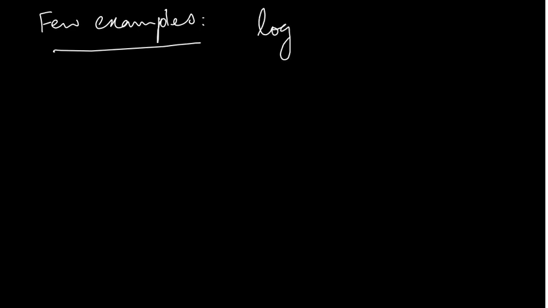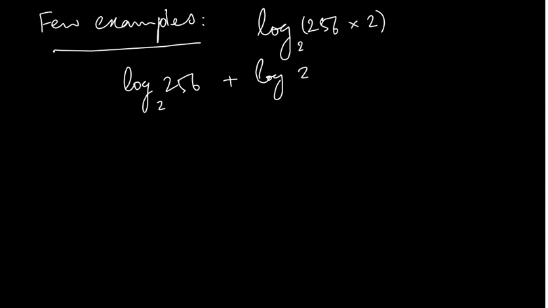Log of 256 multiplied by 2, and the base is 2. So we are applying the rule: log 256 to the base 2 plus log 2 to the base 2.